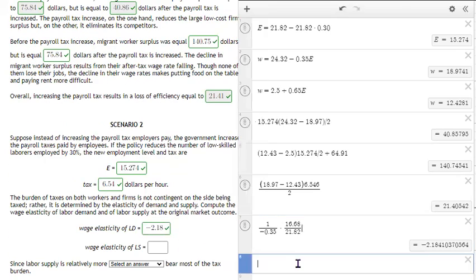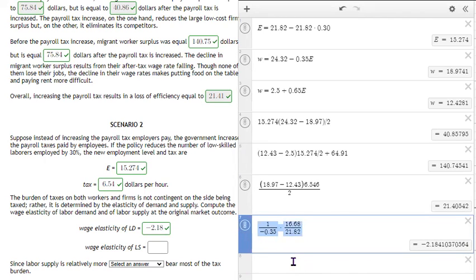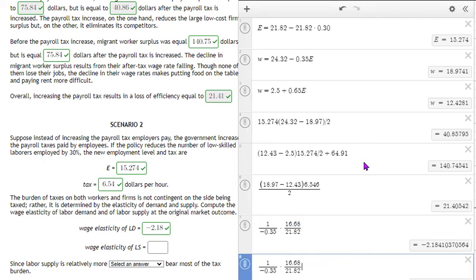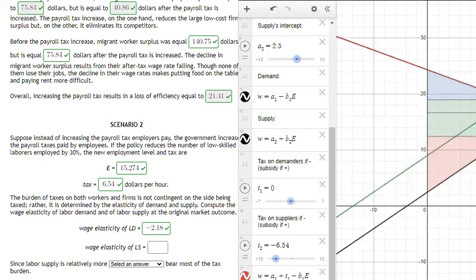Okay, let's do the same thing for labor supply, right? What I'm going to do is just copy this and paste it down here. And all I have to do, since at the initial equilibrium the demand curve and the supply curve meet at the same point, right?